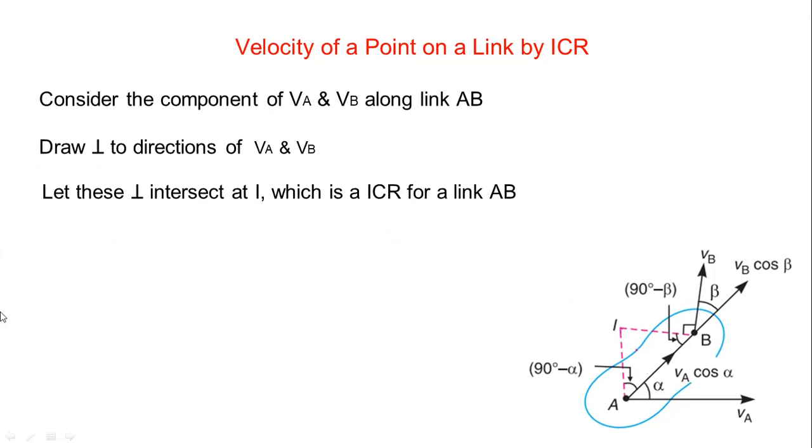Now, if we have to locate the ICR in this condition, what is A? It is one of the points on the body, and B is another point on the same body.